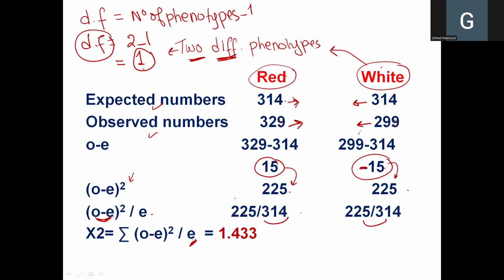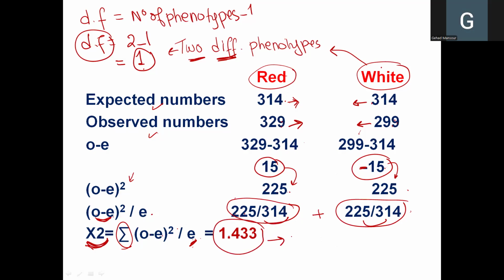When you add this value, which is O minus E squared for the first characteristic red, and to this value, which is the same value for white, and then you divide by E. Why are we adding? Because we have here sigma. So x squared, or the square of the difference, is the difference squared divided by a common denominator, and you get your chi-square value.